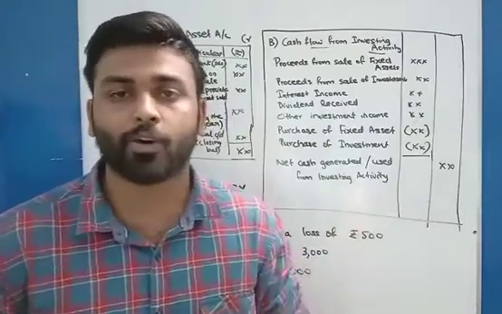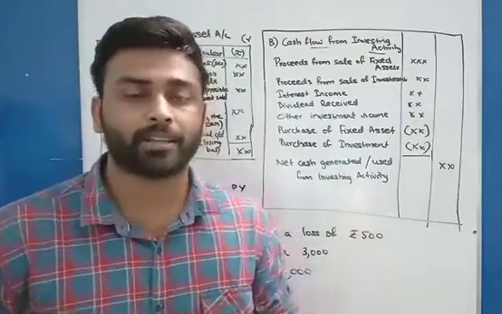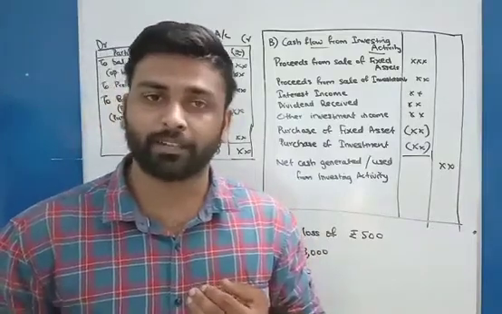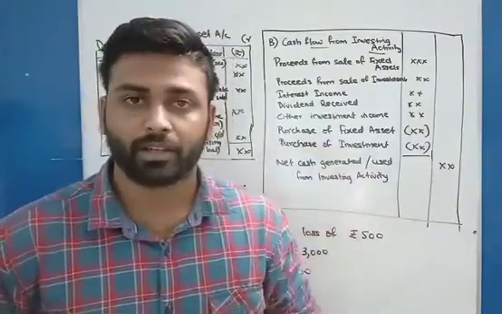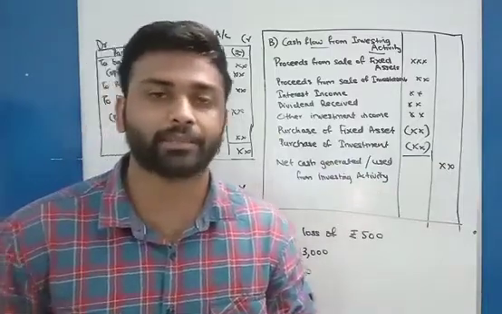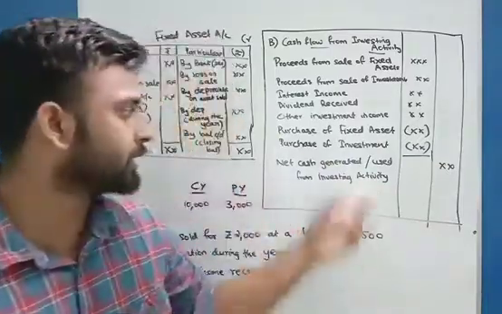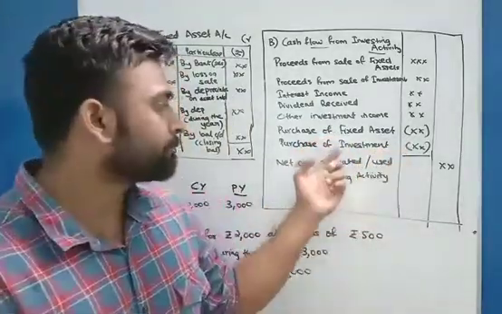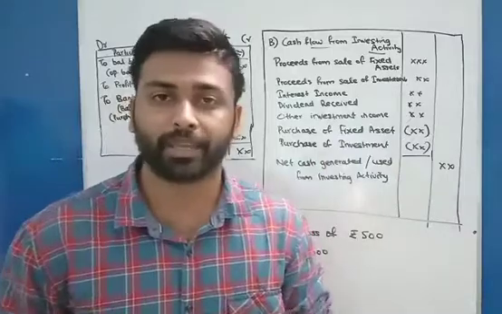Then what are the outflows? Outflow means when we buy fixed assets or investments, we need to pay cash. So in this activity, the outflows are purchase of fixed asset and purchase of investment, where we have to pay cash.